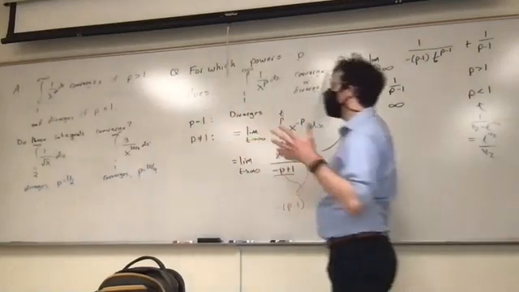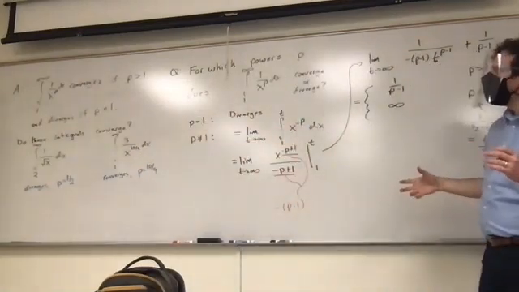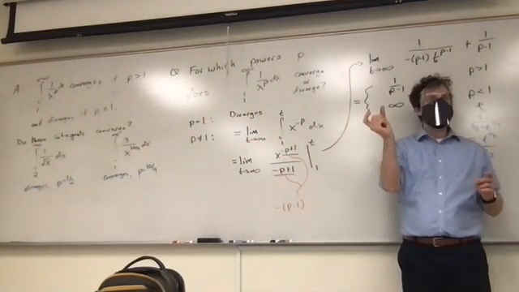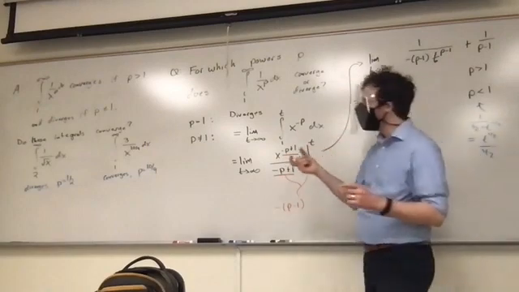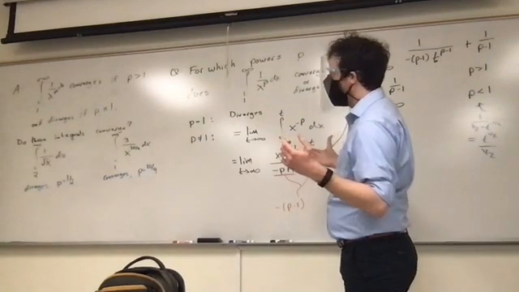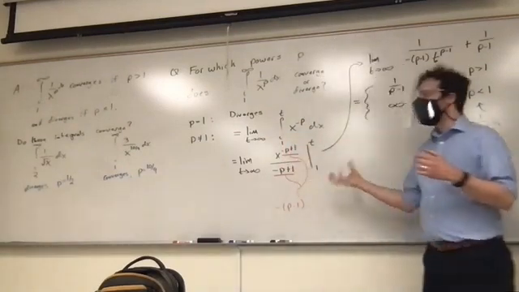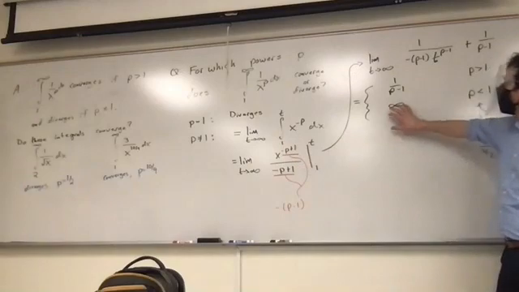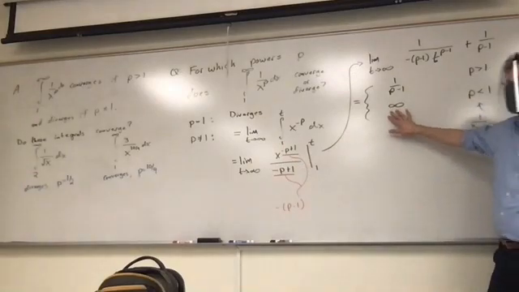The difference between starting at 2 and 1 is a finite amount of area, the definite integral between 1 and 2, and whether you have that finite area or not isn't going to affect whether this ends up being infinite or not.